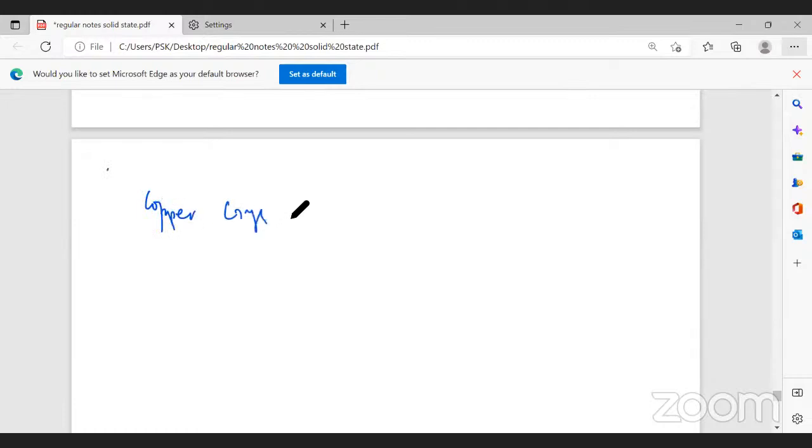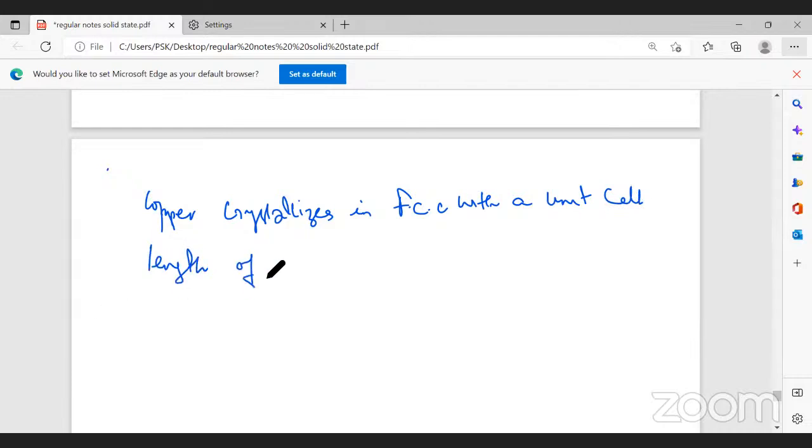Copper crystallizes in FCC with a unit cell length of 361 picometer. What is the radius of copper atom?